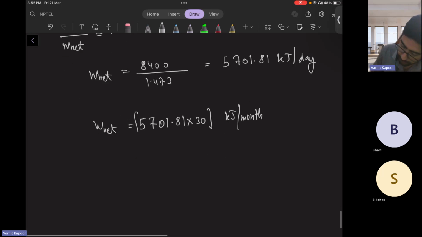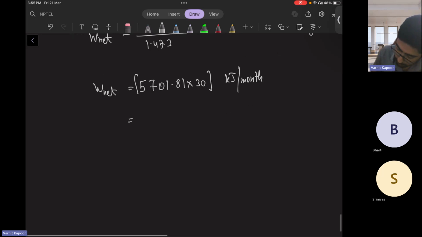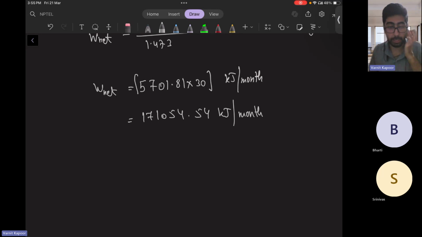That is 171054.54 kilojoules per month. That is your monthly energy absorption. For a day it was 5701, and for a month it's 171054.